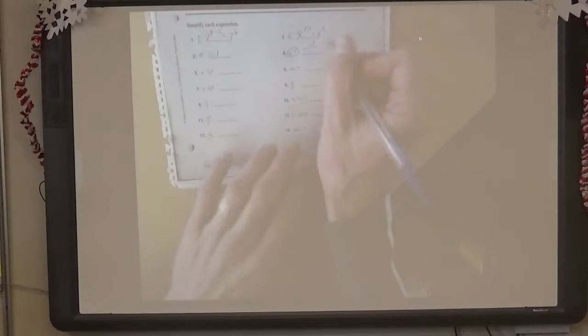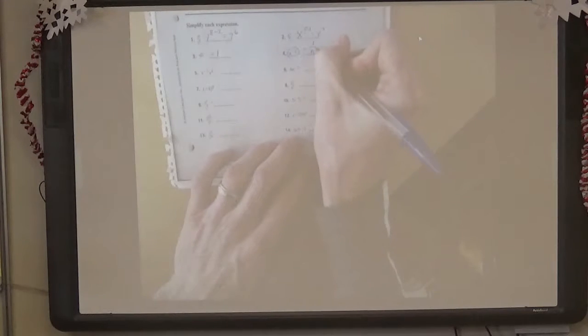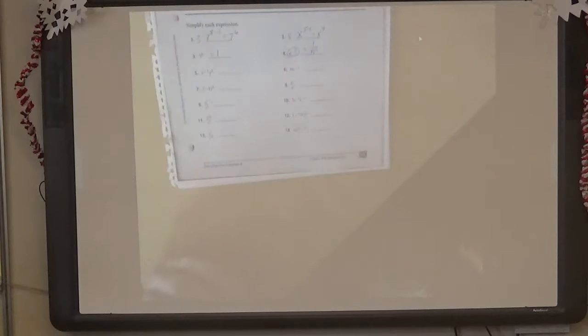The positive 3, yep. N to the positive 3. Why positive? N to the negative 3 is equal to 1 over n to the positive 3.